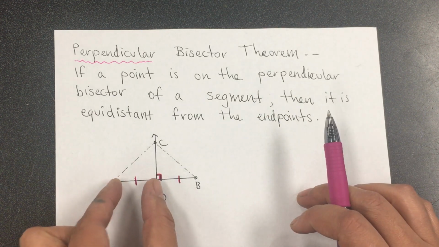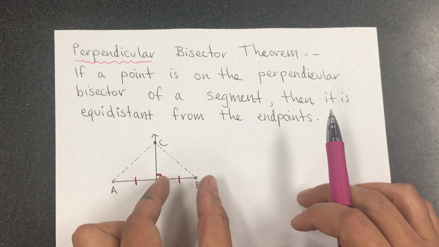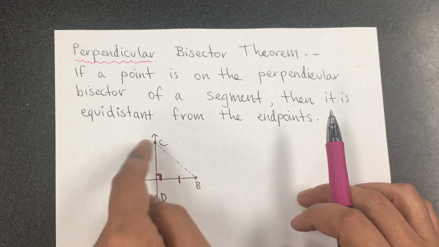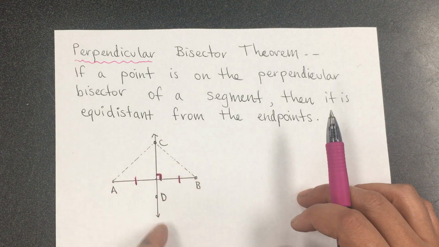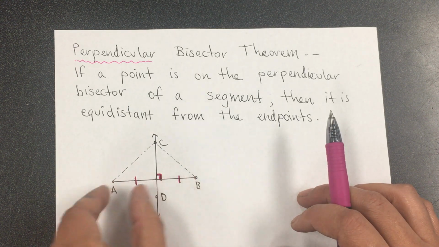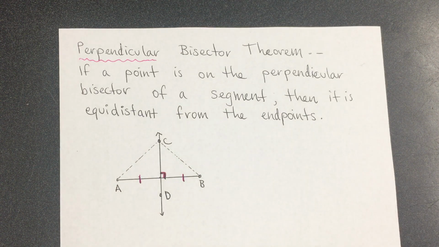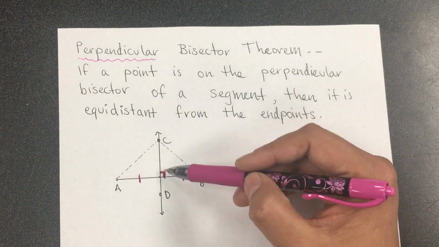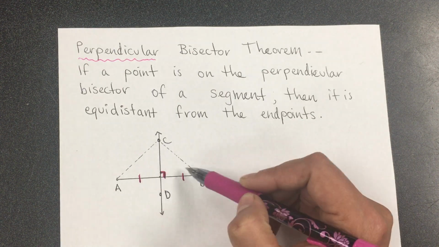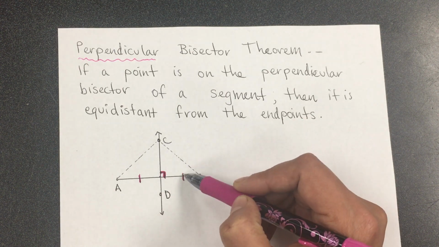So that means this has the same measurement as this other segment, okay? The perpendicular bisector cuts the segment AB into two equal segments. Again, perpendicular because it forms 90-degree angles, bisector because it cuts the segment into two equal parts.